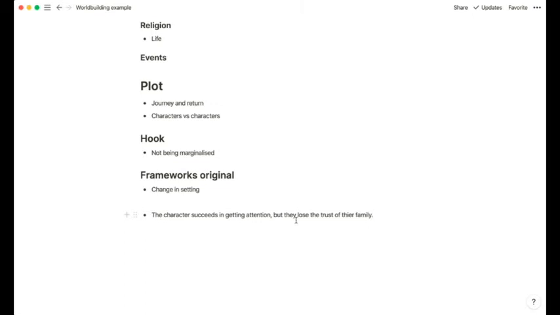And now we have to look at language. Am I going to be creating a language for this character? Yes. I've already created a language, so we just put language here. This character will speak a language that reflects.